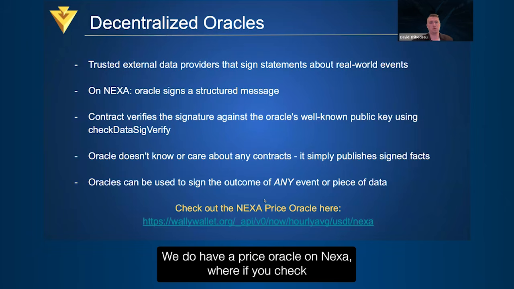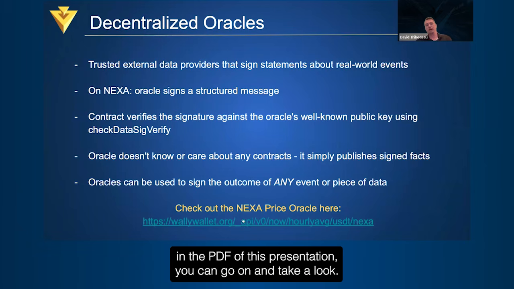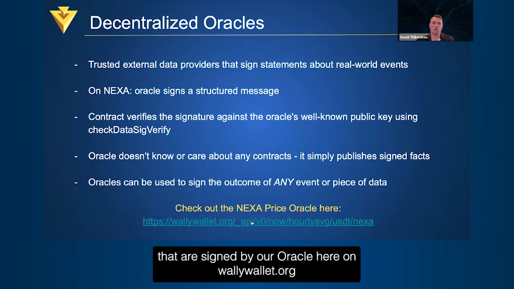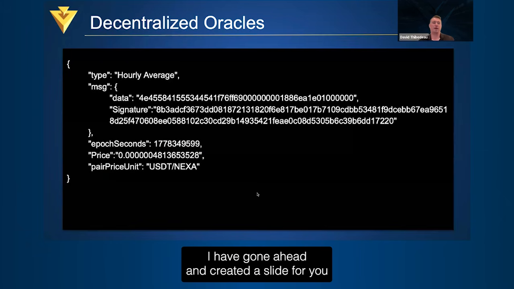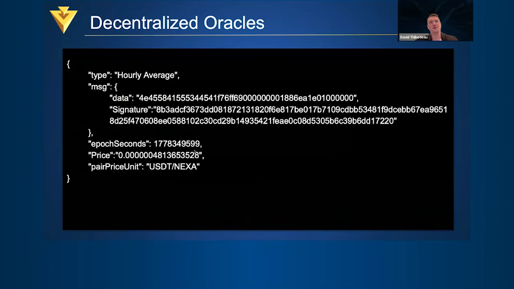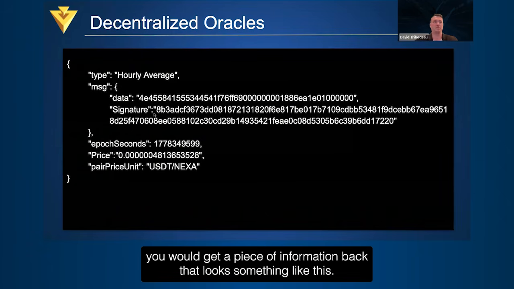We do have a price oracle on Nexa where if you check in the PDF of this presentation, you can go on and take a look. We have a number of pieces of data that are signed by our oracle here on wallywallet.org. I have gone ahead and created a slide for you, which shows if you were to click on that oracle link, you would get a piece of information back that looks something like this.